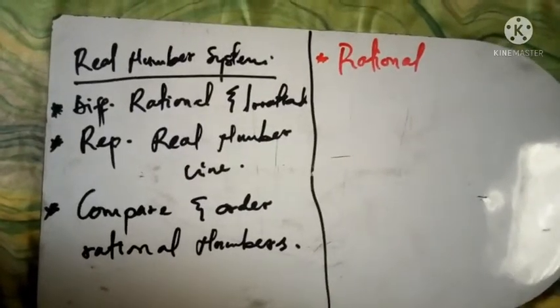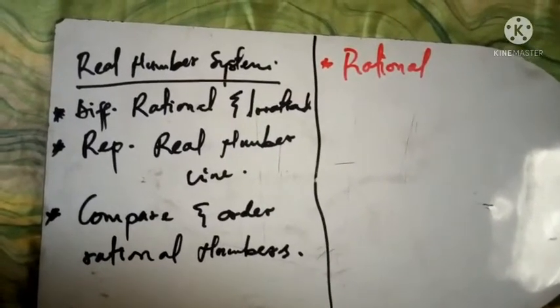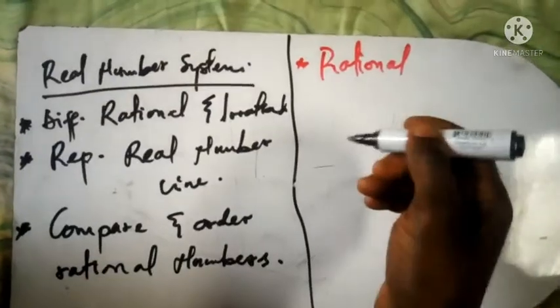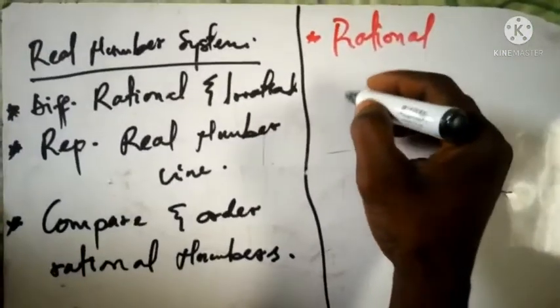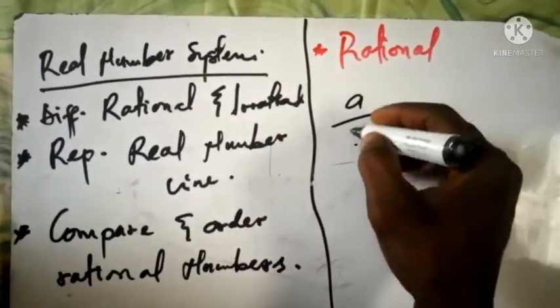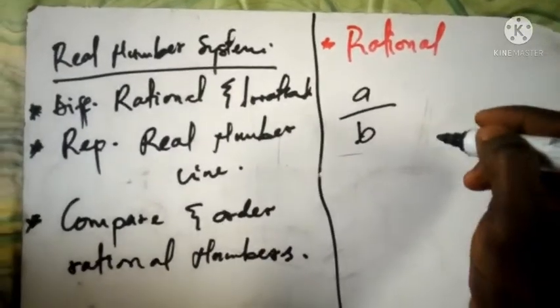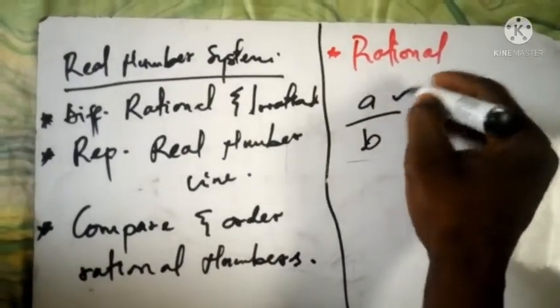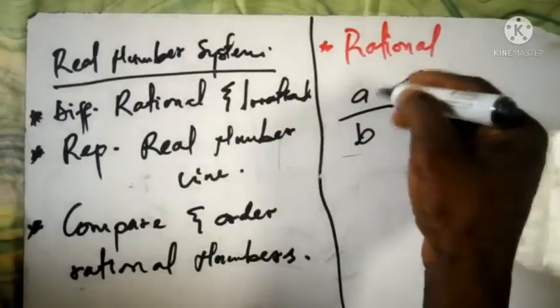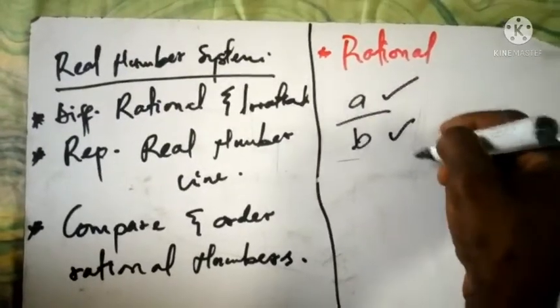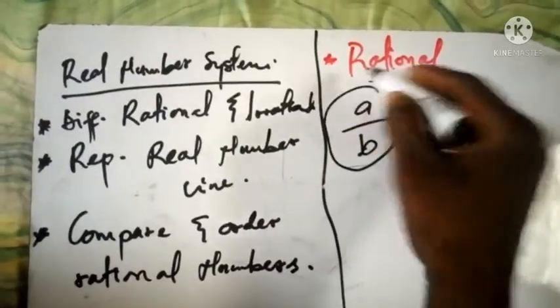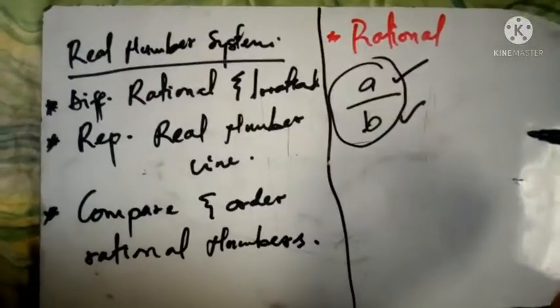By definition, the person we call a rational should look like something over another thing. The top one can be a, so far as you have something over another thing, we call this a rational number.